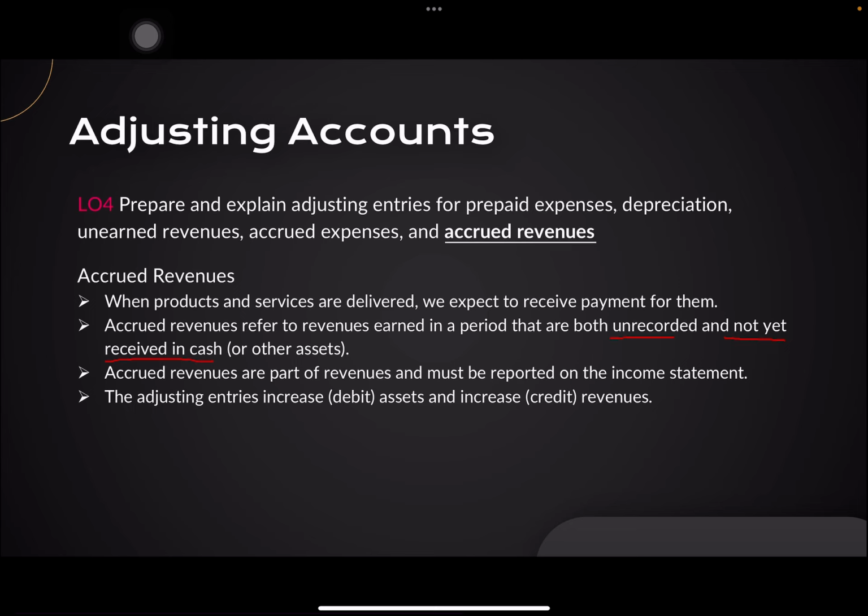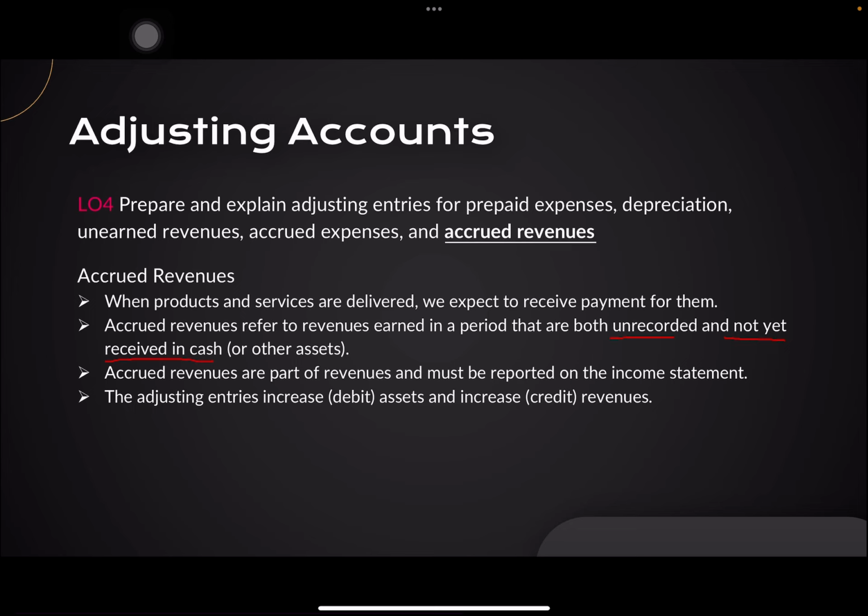In this case, this will be considered as an accrued revenue and is a part of your revenue, or sales, on your end. And this must be reported on your income statement. Again, revenues have the effect of increasing the value of your equity.